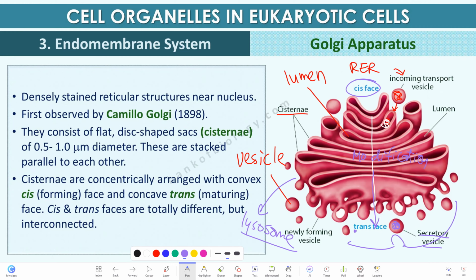Vesicles. What is special about cisternae? Same length. Okay, same size. What else? Are they interconnected? No. And what does it receive? From where? Endoplasmic reticulum. What happens to protein inside?